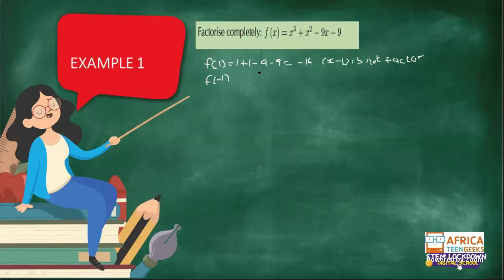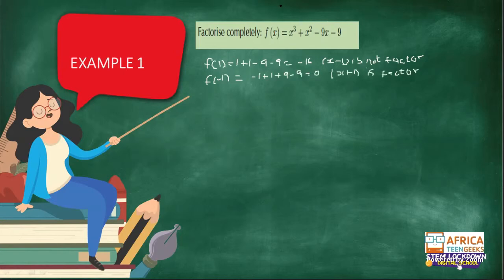And then you'll find negative 1, positive 1, positive 9, and negative 9, meaning that you get 0. So then we can say x plus 1 is a factor. Now we've identified that x plus 1 is a factor.